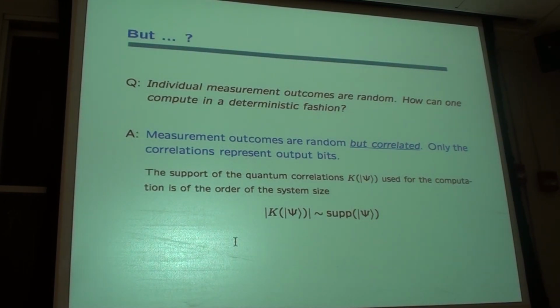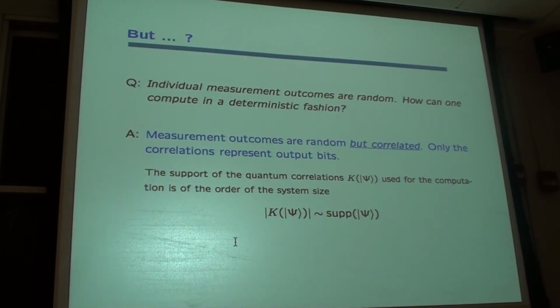And the reason is what we're reading out is not individual measurement results. What we're reading out in the end, or what we're outputting, is correlations about these measurement outcomes. And even if the individual outcomes are random, they may be strongly correlated. Yeah?